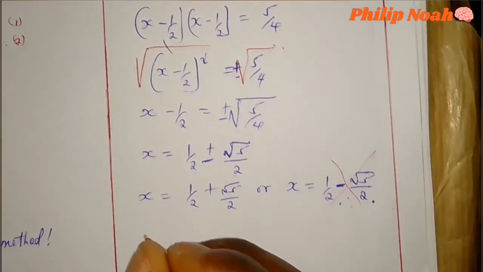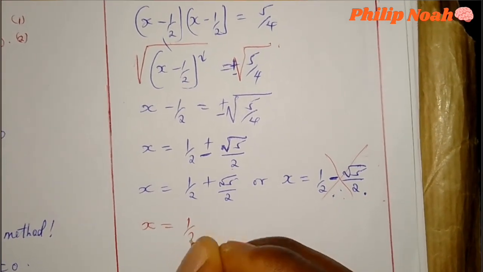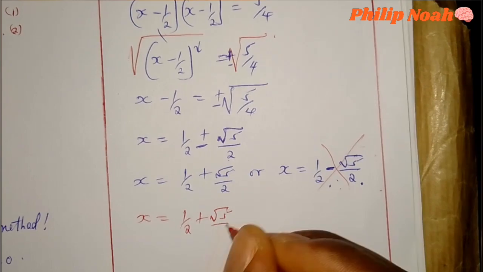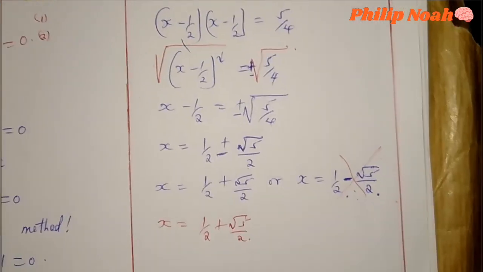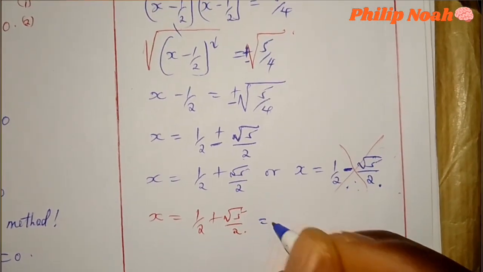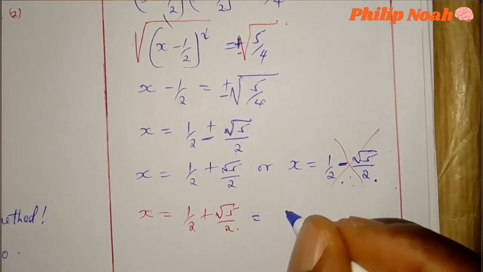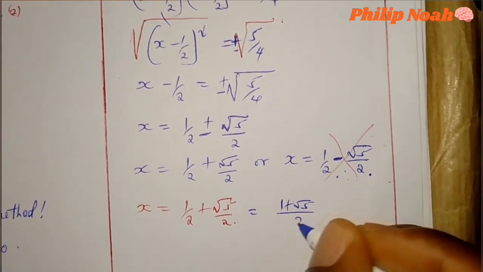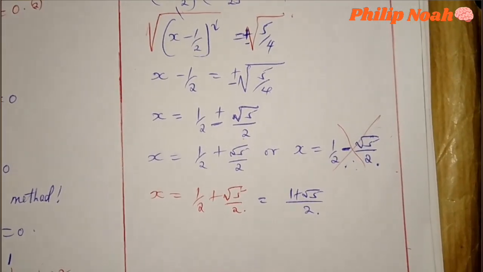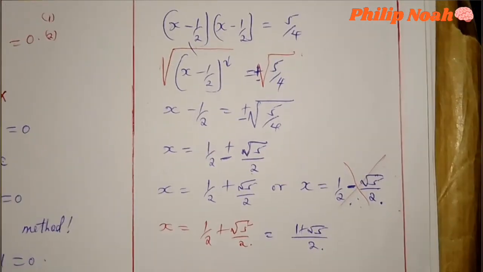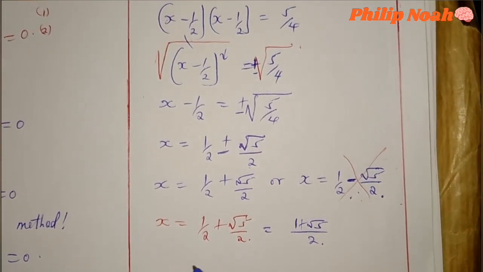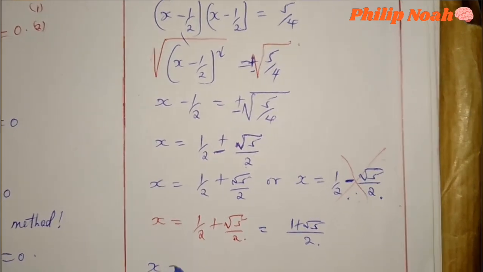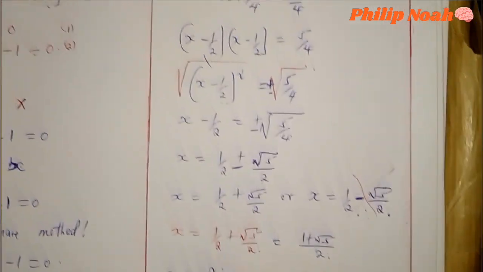And now we say that our x is equal to a half plus root 5 over 2. Are we there? This one gives us 1 plus root 5 over 2. Okay, but we have said that x is equal to n squared.